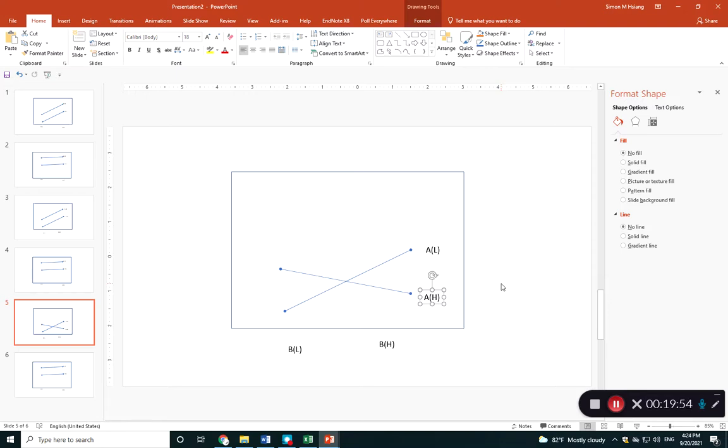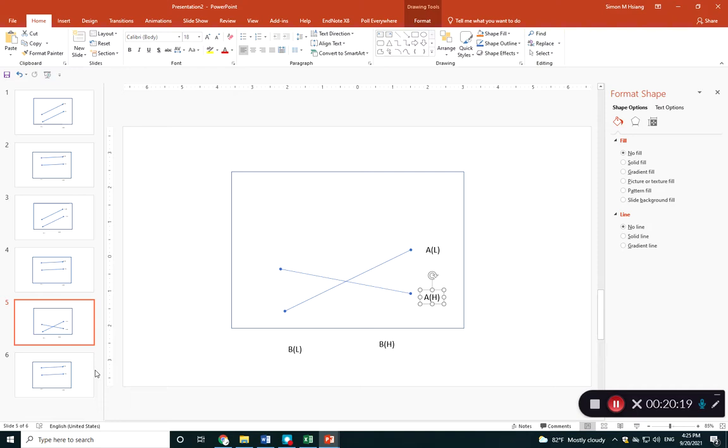So that's a smart answer to start with. It depends. And so here, what we're saying is, what's the effect of B from low to high? It depends. If A is low, then the B effect is positive. And if A is high, the effect is negative.